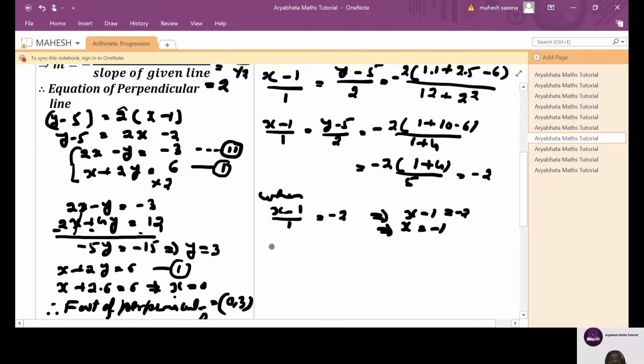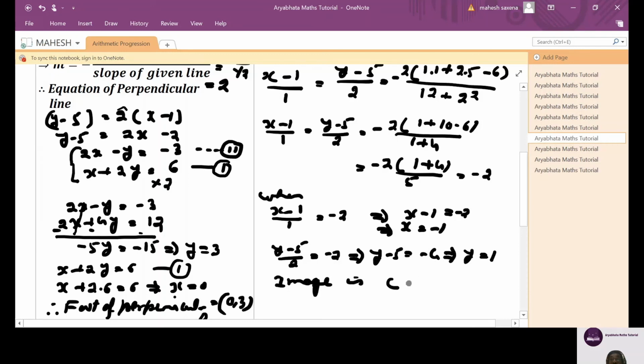Similarly, when y minus 5 upon 2 is equal to minus 2, it implies that y minus 5 is equal to minus 4, which implies that y is equal to 1. Therefore, the image is minus 1, 1.